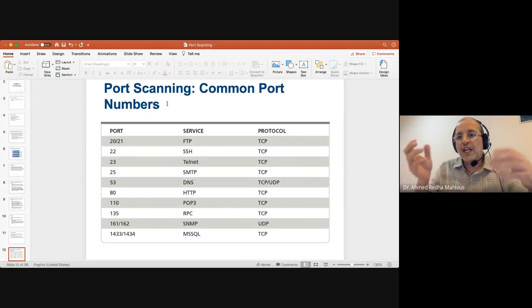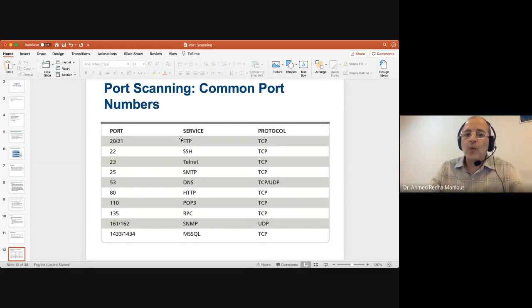Each port is associated to some specific service using some specific protocol, whether TCP or UDP, because it differs. It depends on whether it is TCP or UDP and the service.